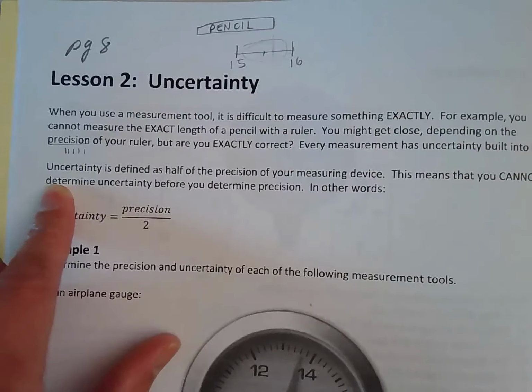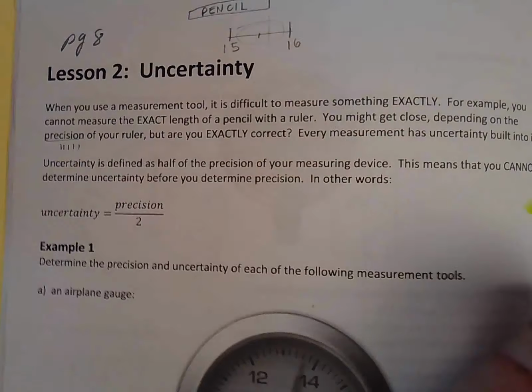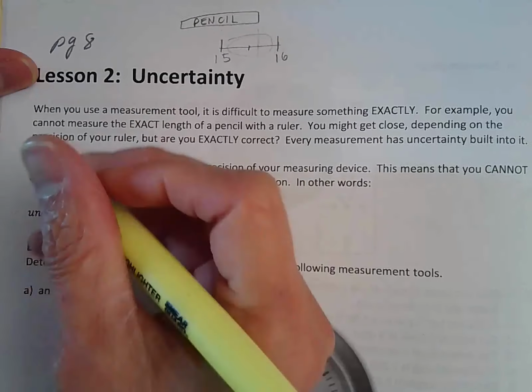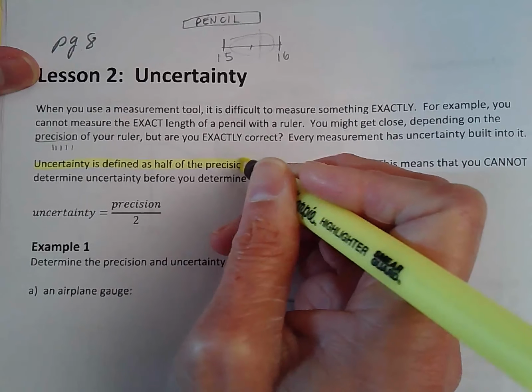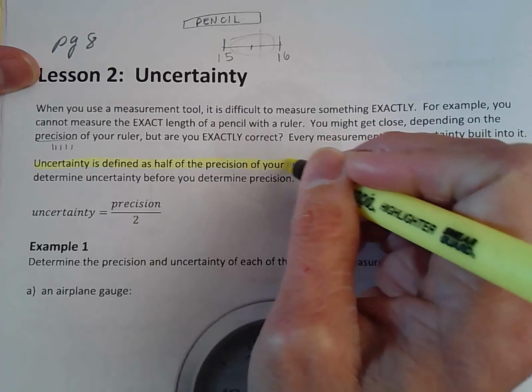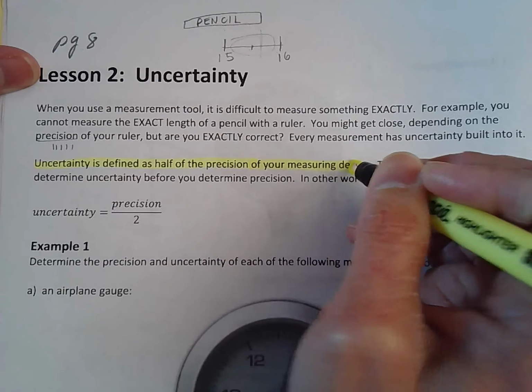Every measurement has a degree of uncertainty on it. So what does uncertainty mean? This is probably something that we need to write down on our formula sheet, cheat sheet, or study sheet. Uncertainty is defined as half of the precision of our measuring device.